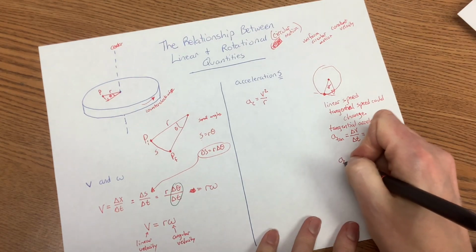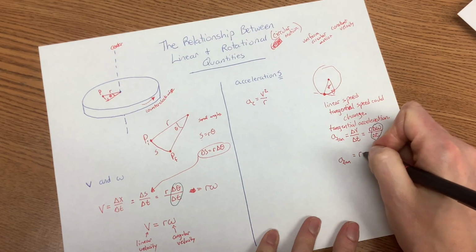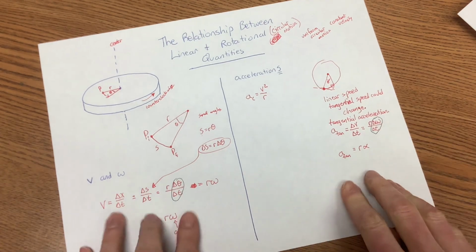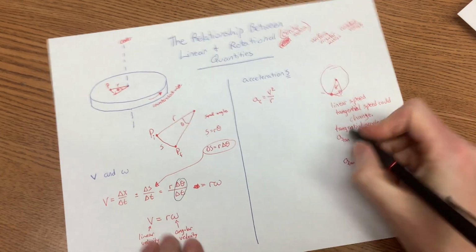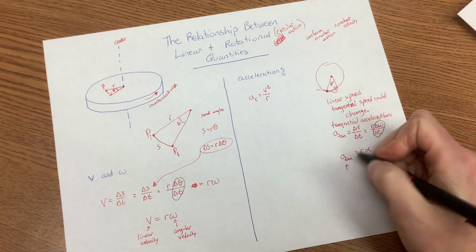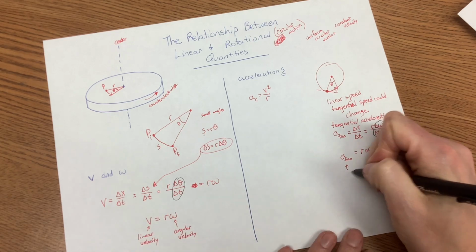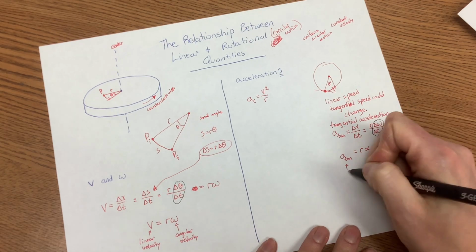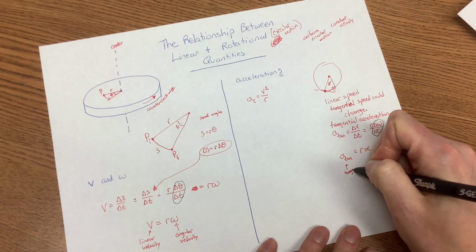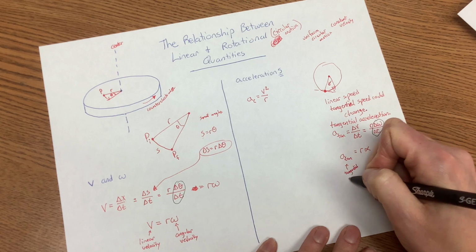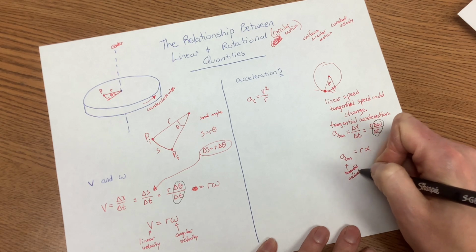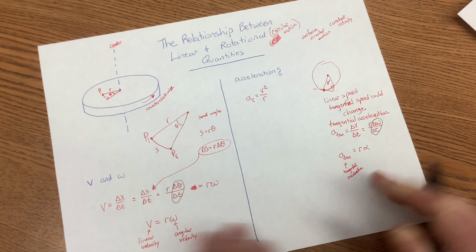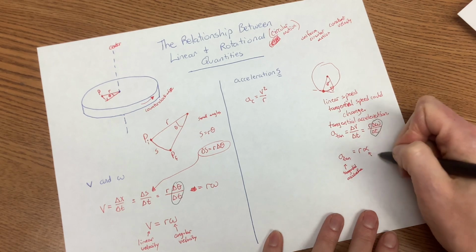So the tangential acceleration is r alpha, which has a very similar format to this right here. So we might kind of call it a linear acceleration, but it's really more of a tangential acceleration. But it's the equivalent of a linear acceleration. And then this is our angular acceleration.